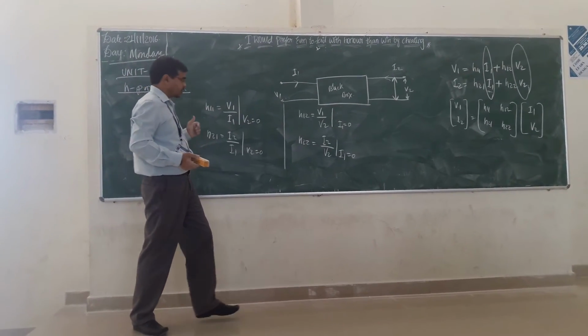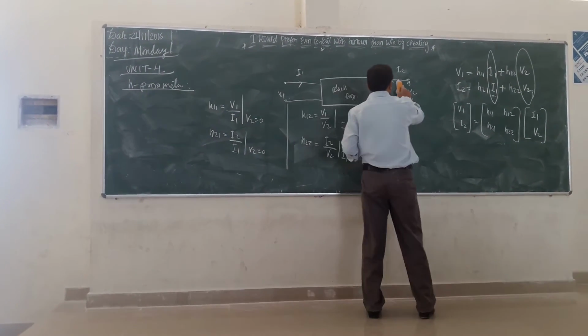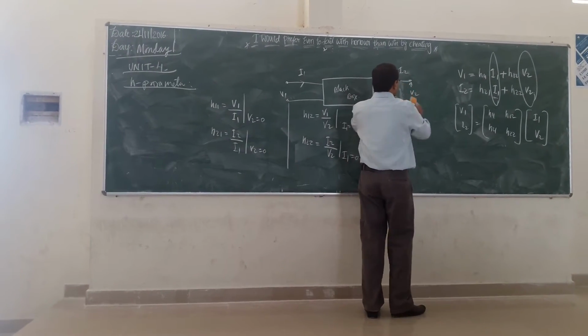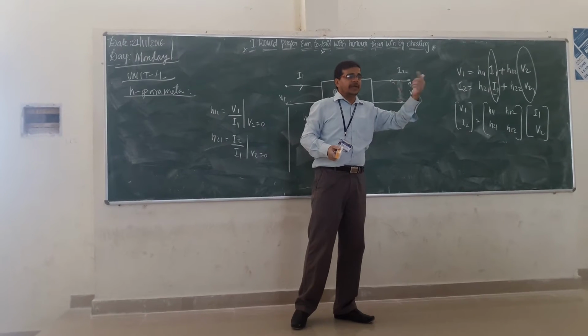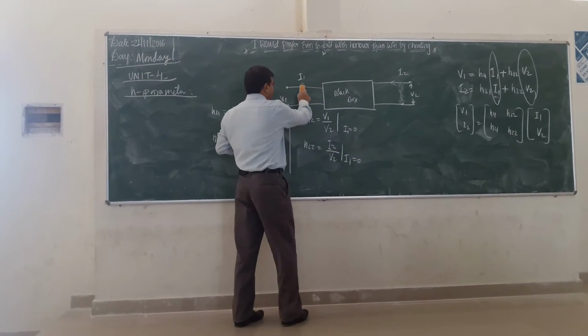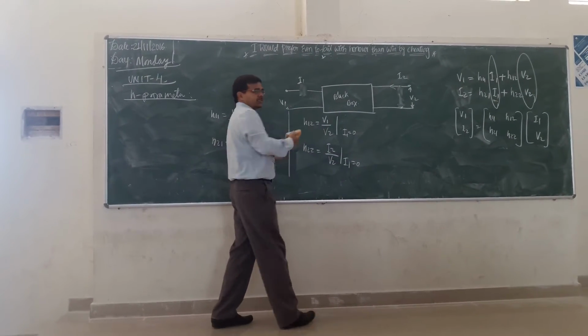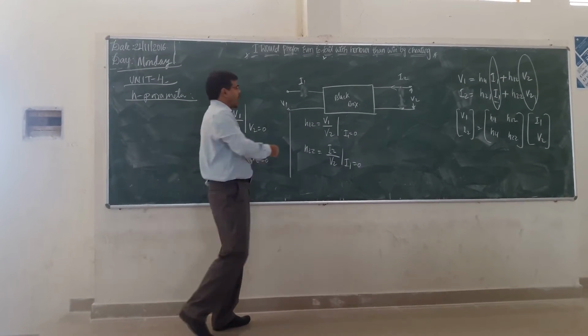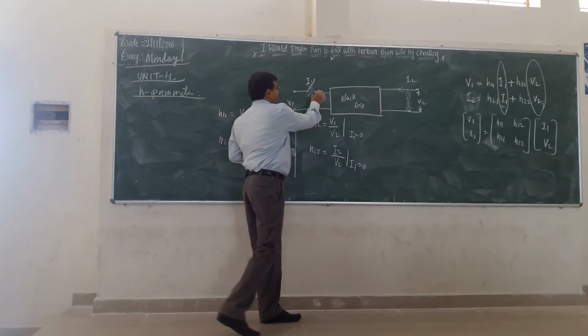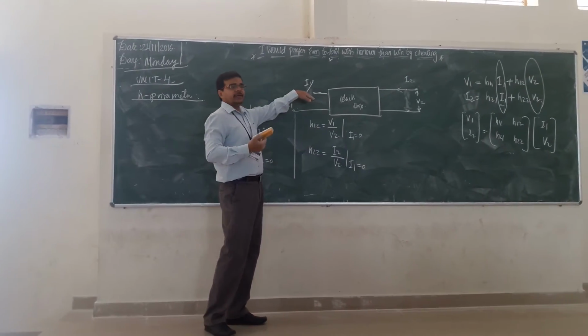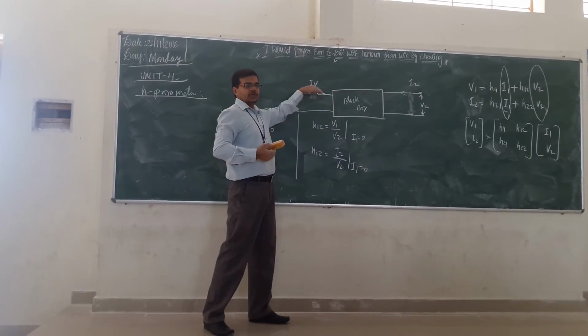Similarly, from the independent variables, now I will make I1 0. How can I make I1 0? By making it open circuited. As it is current, if I open circuit it, I1 will be 0.